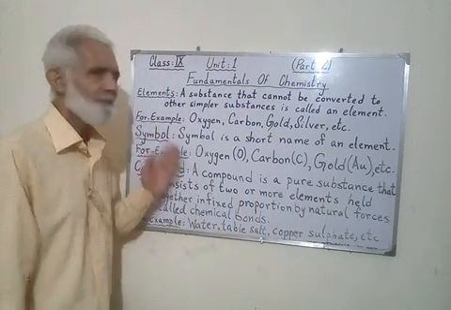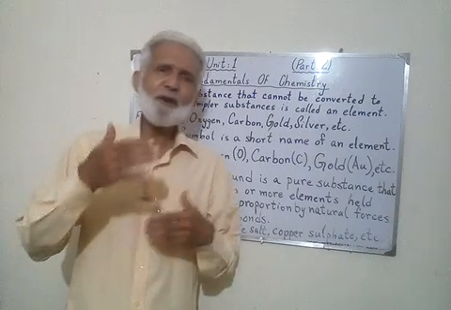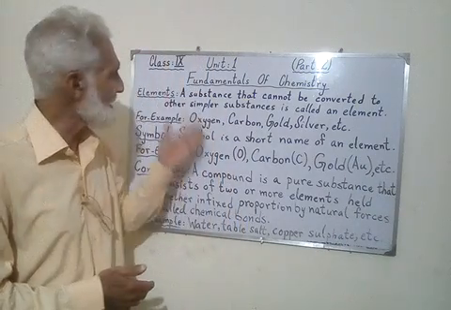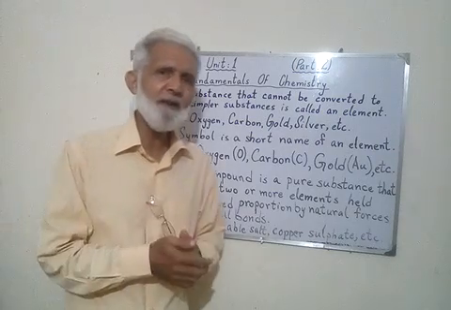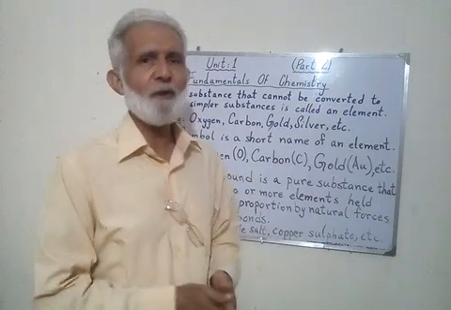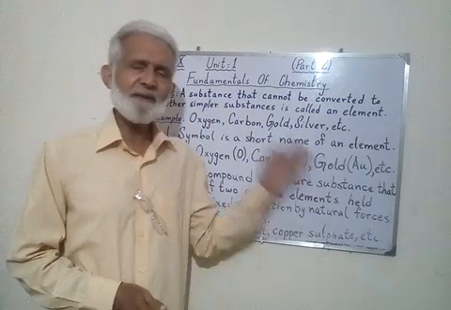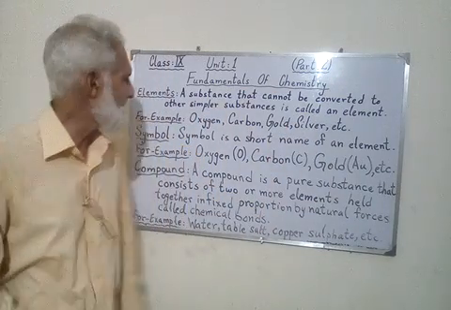Then we come to symbol, the short abbreviation or short name. A symbol is the short name of an element, like in English we say a pronoun is used instead of a noun. A symbol is the abbreviation of any element.